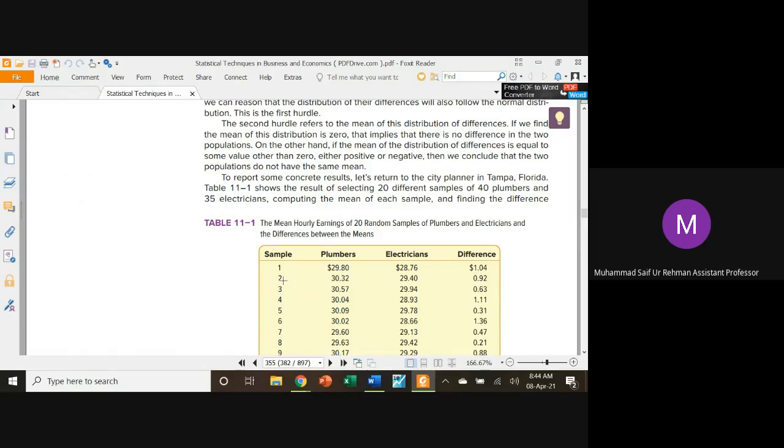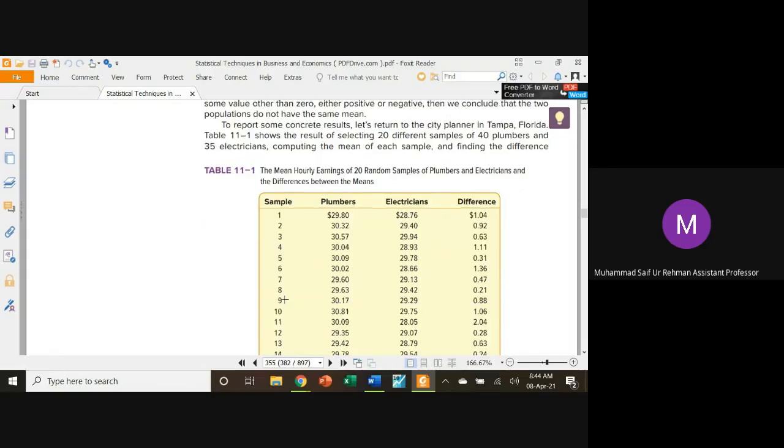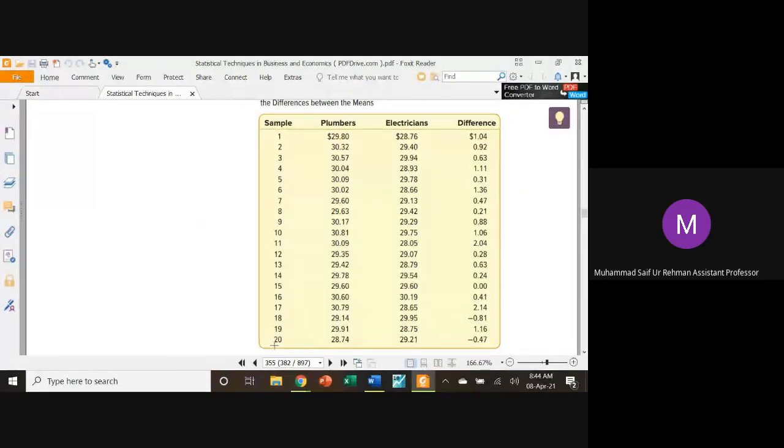So similarly, take another sample, another sample. So in total, you may take 20 samples, each comprised of size 40 in case of plumbers, and each contains 35 values in case of electricians. So we are saying that if we take the separate series, then the plumber series will give you the normal distribution.